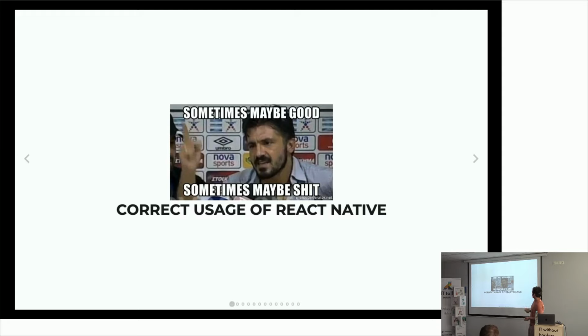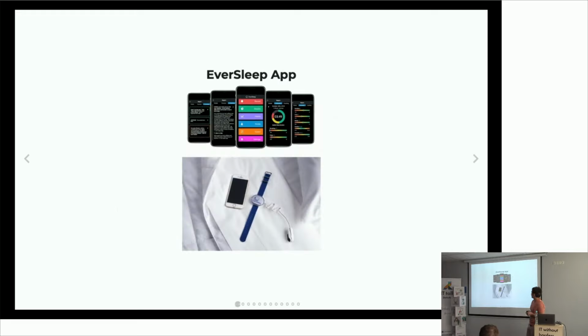The next type of issue is choosing the right way to use React Native. And before we start, I want to tell you a bit more about the project I was involved in. Basically, it was a React Native application for a wristlet called Eversleep, and you put it on your hand, put this on your finger, and sleep with it.